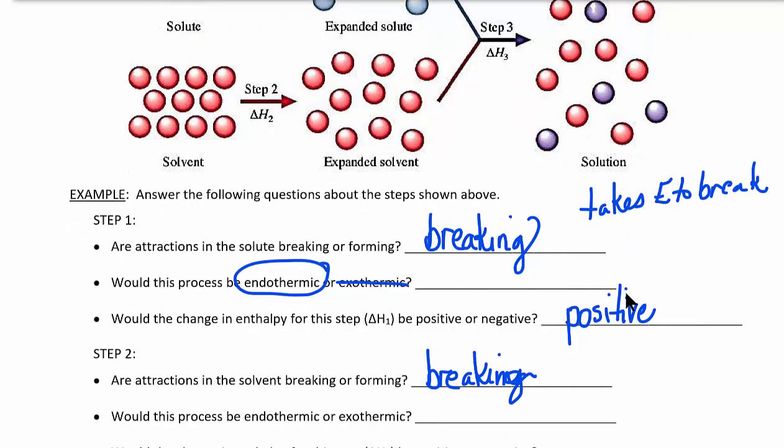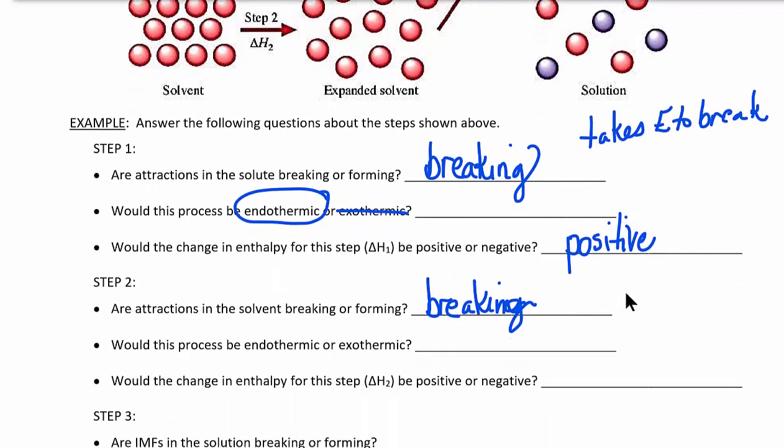If you're breaking the attractions, the process will be endothermic because it takes energy to break. The change in enthalpy for this would be a positive change because you have to add heat, you have to add energy, in order to break those attractions.